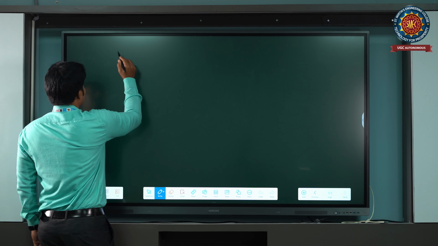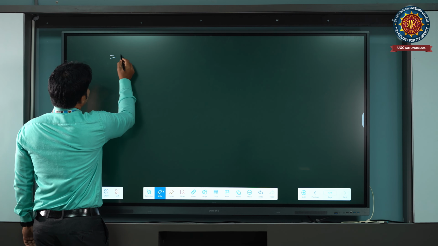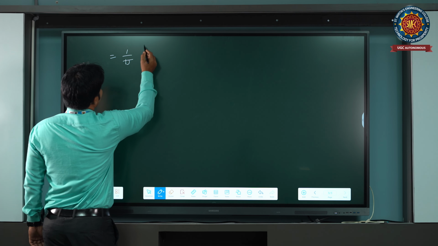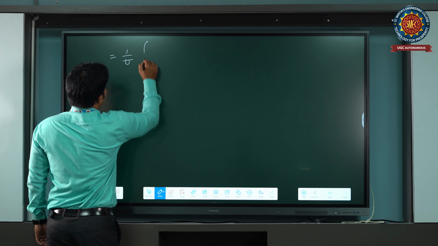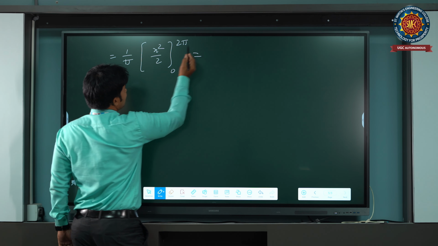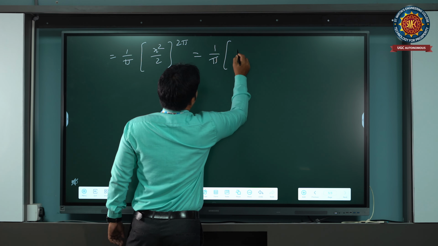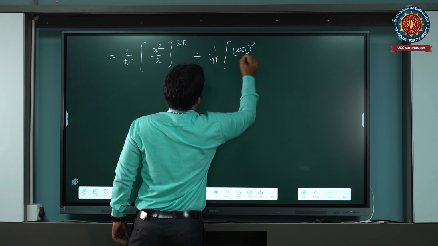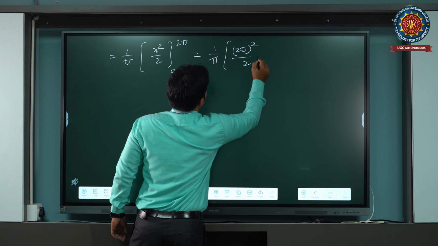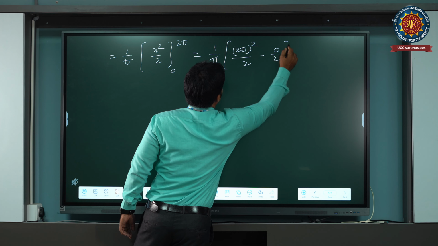That is equal to 1 by pi, x square by 2, 0 to 2 pi. First you substitute the upper limit, 2 pi whole square by 2, minus 0 by 2.